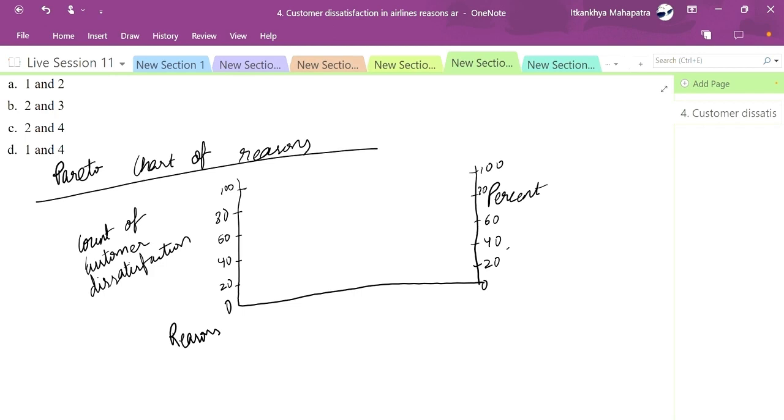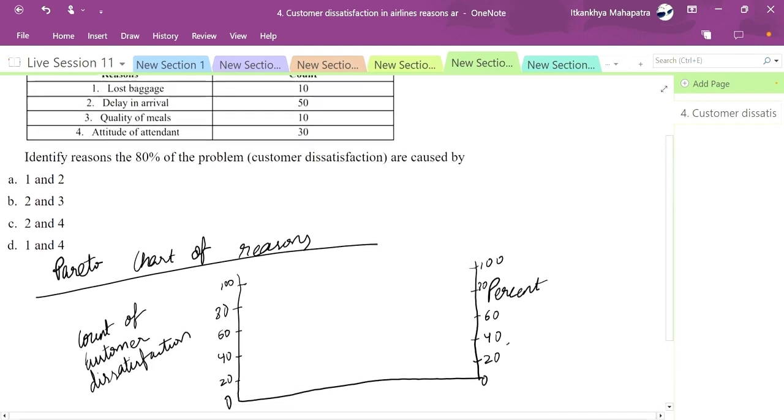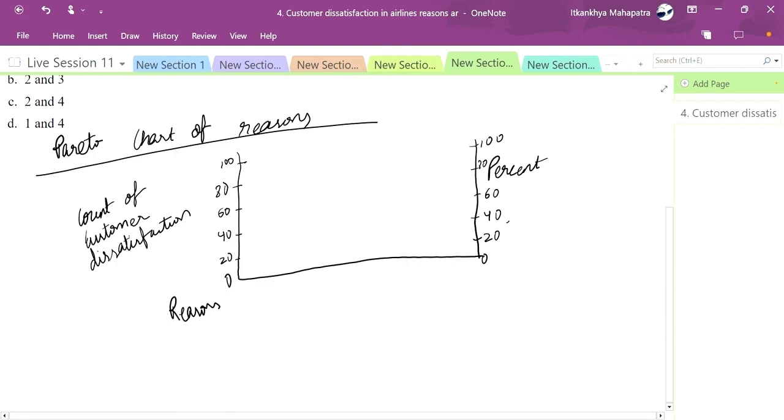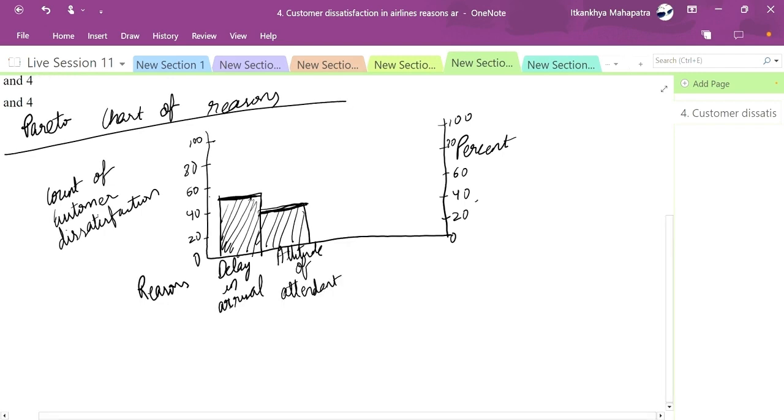Now, according to the count, we will arrange. So, the delay in arrival is 50. Attitude of attendant is 30.